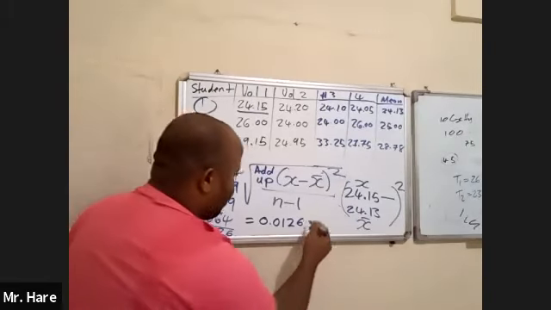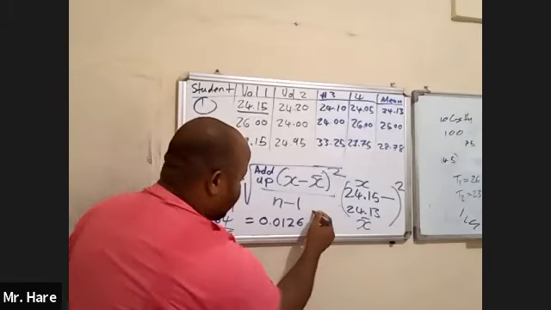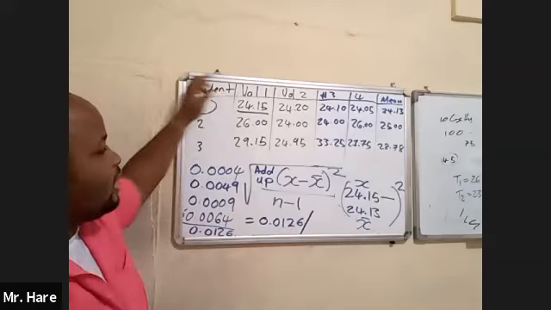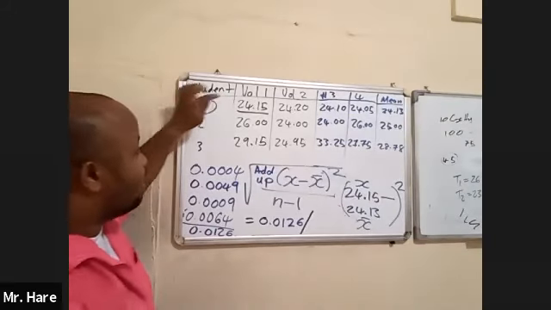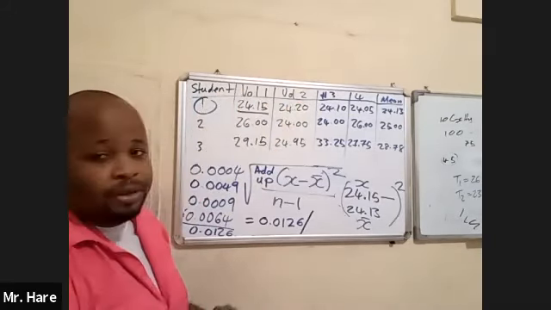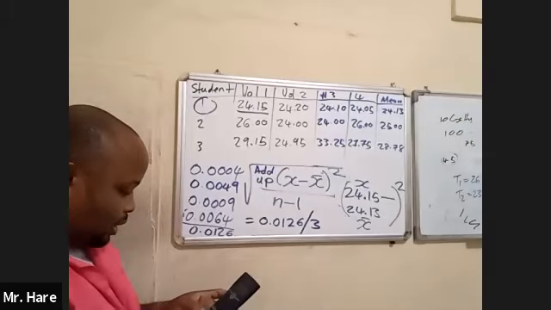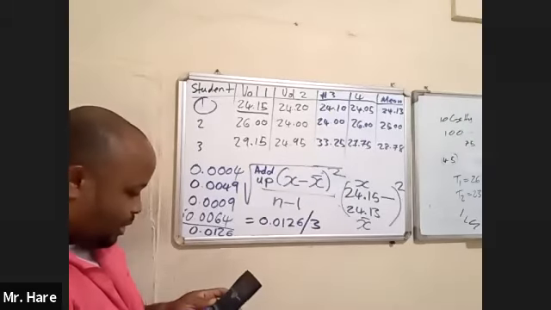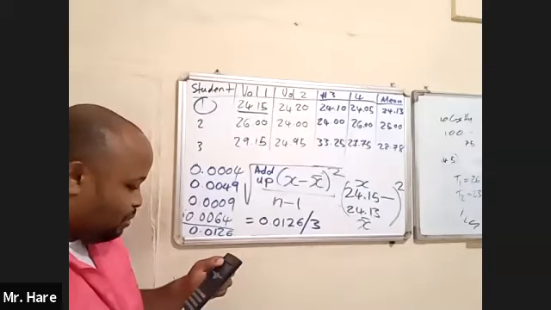Then we're supposed to divide it by n minus one. N is the amount of trials. And we did 1, 2, 3, 4. So 4 take away 1 is 3. All right. So 0.0126 divided by 3, we get 0.004.